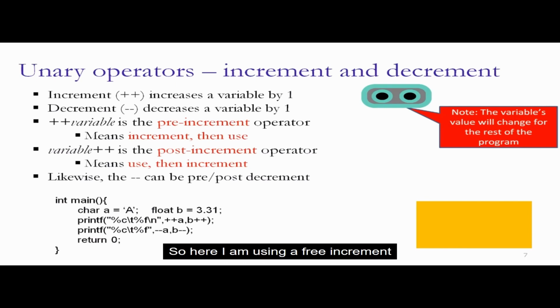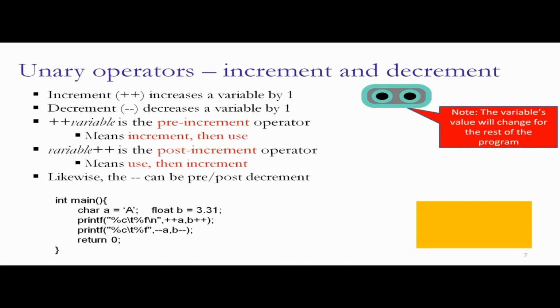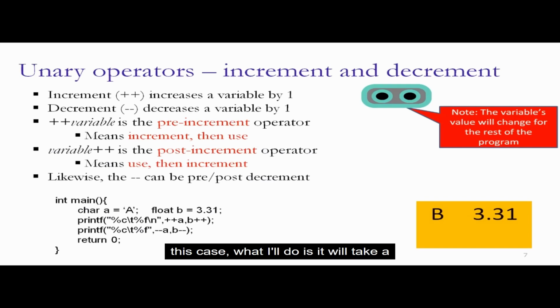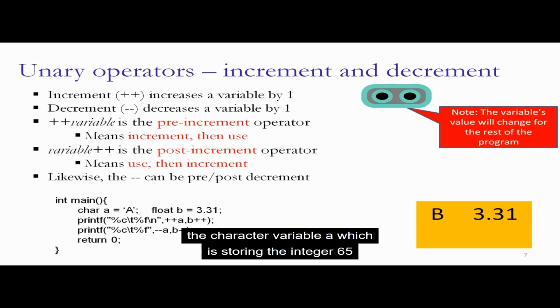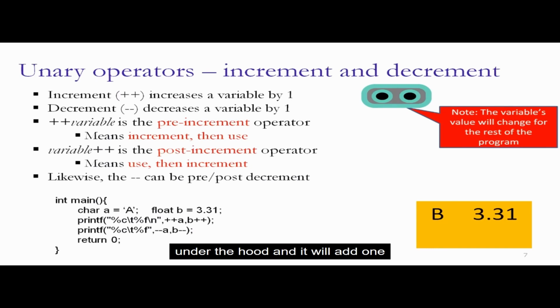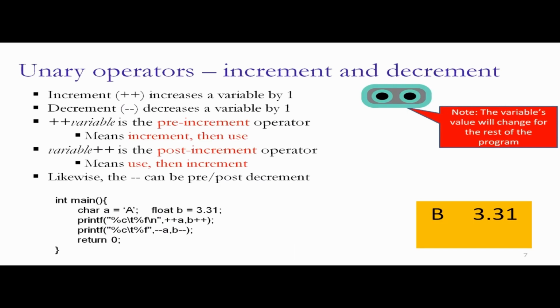Here I am using a pre-increment version of the increment operator for the character printing. In this case, it will take the character variable A, which is storing the integer 65 under the hood, and it will add 1 to it to make it 66, which the ASCII table will map to B, and so it will print B.